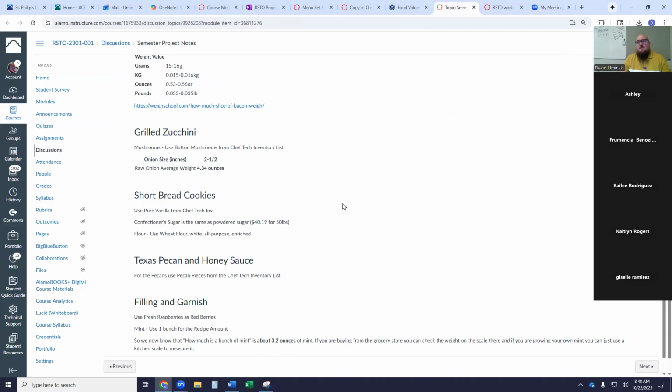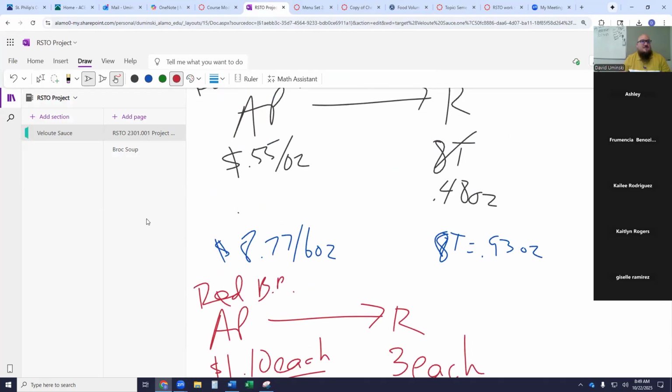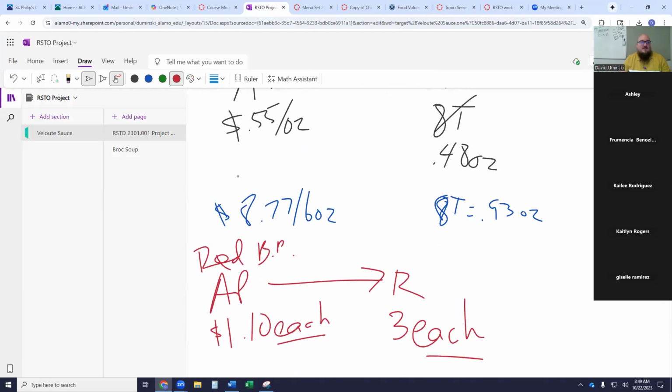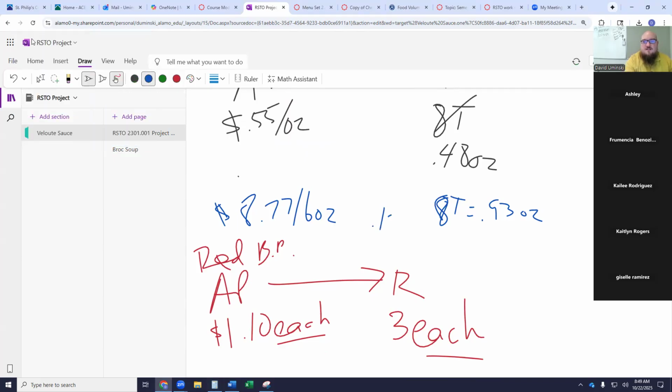Wait, Kaylee, you're talking about the rosemary, right? Yes. Okay. Let's figure something out. So 877 divided by 6 ounces. Did you get 15 cents per ounce? Yes. Okay. So 15 cents per ounce times 0.93 ounces.